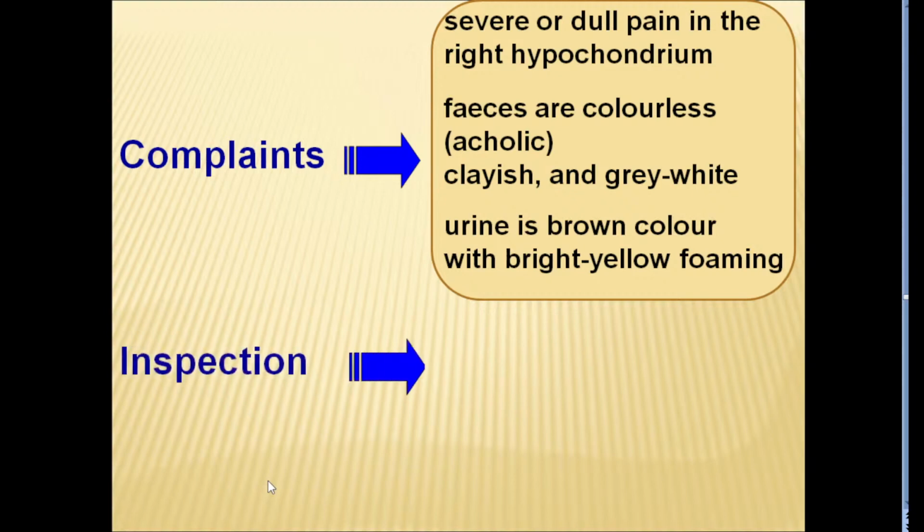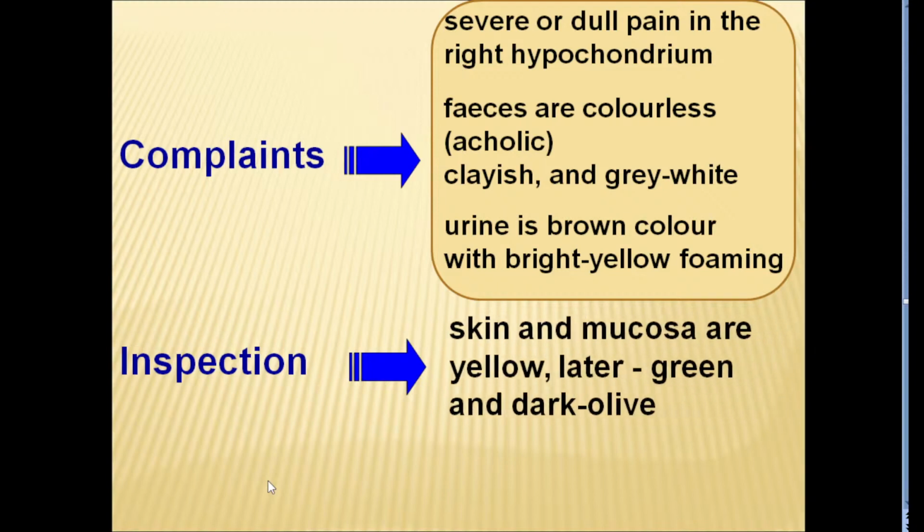On inspection, we can see yellowish color of skin, and sometimes it has a specific green or dark olive color, especially for the patient with cancerous process in the pancreas, because of gradual obstruction and long-standing process.